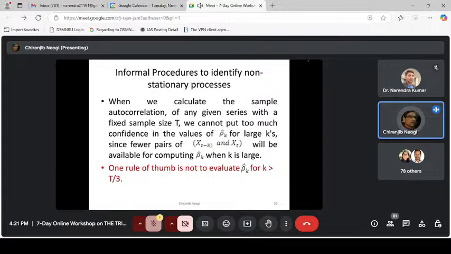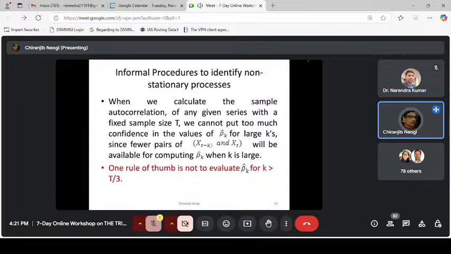Now, what will be the value of k? There is a thumb rule, because if k is very large, then the number of time points will be very small. The time points reduce as we increase the value of k.